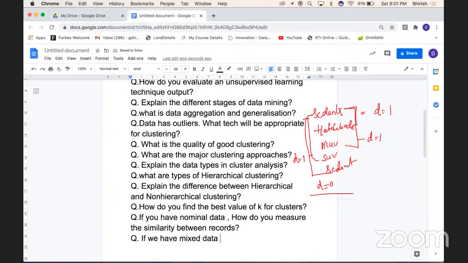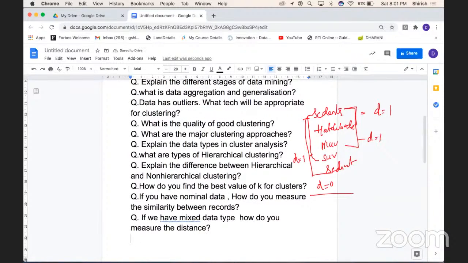If you have mixed data type, how do you measure the similarity? Two ways are possible here. One is exactly what you have told, nothing but the dissimilarity coefficient.